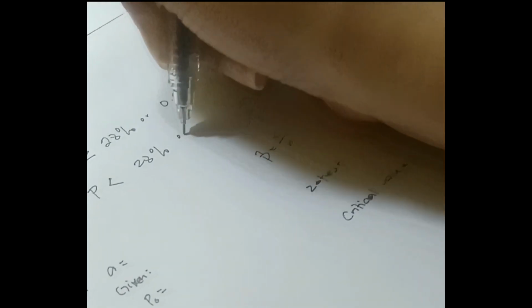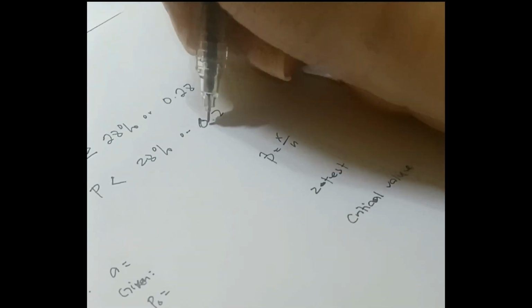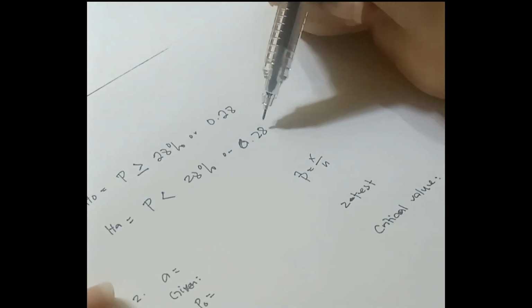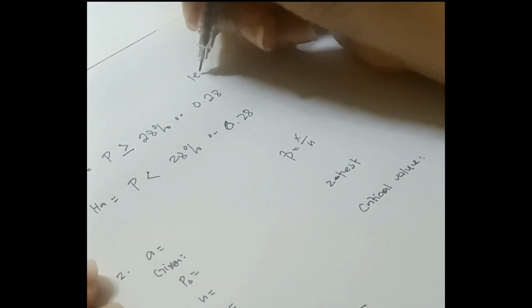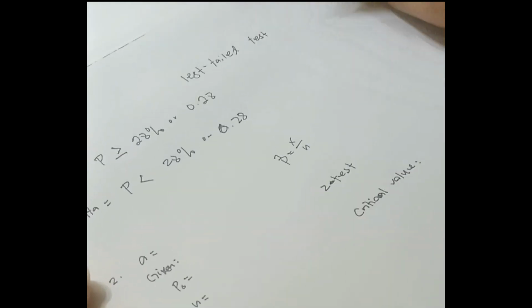P is less than 28% or 0.28. Ang basis sign ng alternative hypothesis, anong tailed test ang gagamitin natin? Since less than siya, left-tailed test ang gagamitin natin.